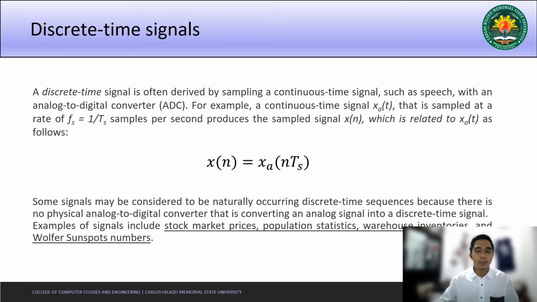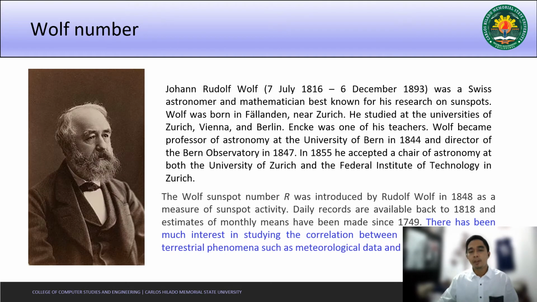Examples are stock market prices, population statistics, warehouse inventories, and Wolf's sunspot numbers. So we have one of the examples of a discrete time signal.